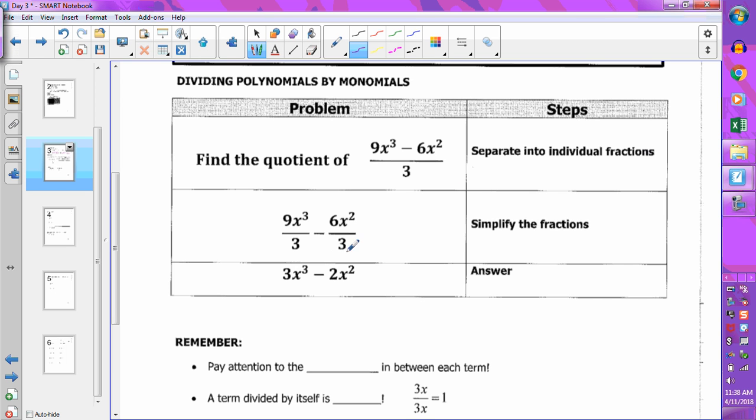It makes it so much easier. As you can see down here, we took the 9x to the 3rd degree and we divided it by 3, put the subtraction sign here, and then we did 6x to the 2nd degree over 3. Then we're going to simplify our fractions, and this is what our fractions look like. You guys see all of this right here.